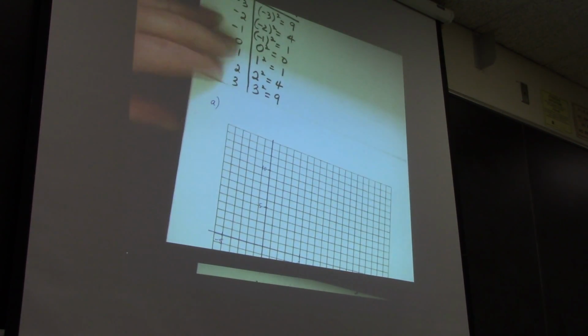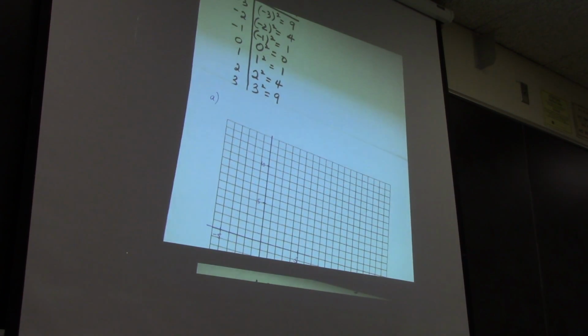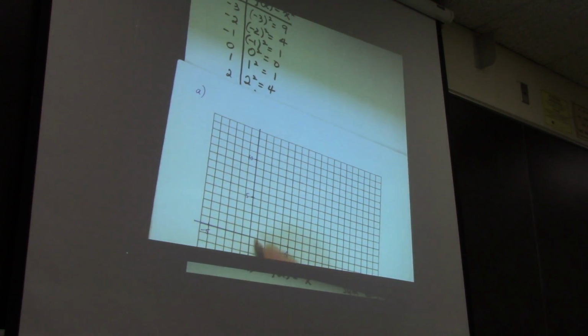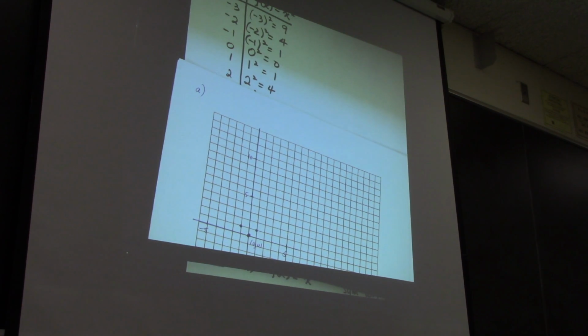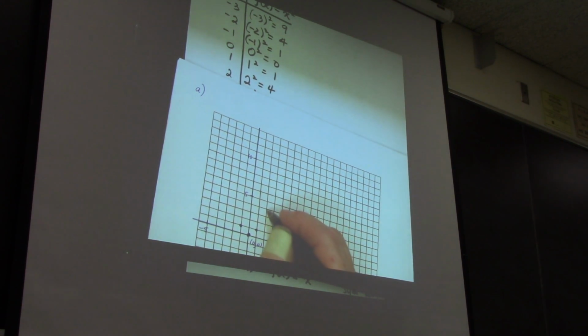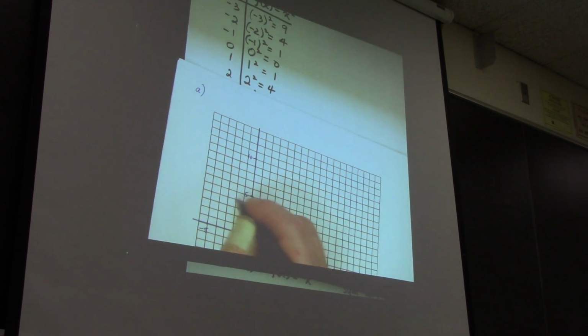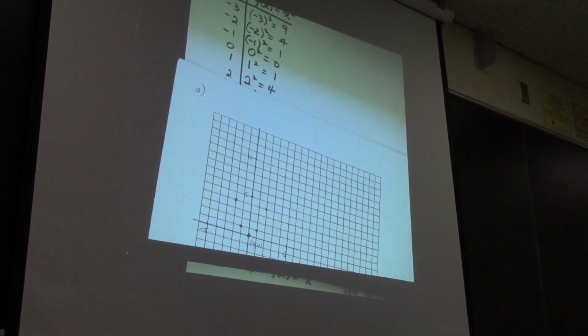Now, when I graph y equals x squared, which I will be doing a million times, or similar functions, I typically plot my origin, 0, 0, as my vertex, and then I have 1, 1, and negative 1, 1, again, mirror images across the y-axis. I have 2, 4, and then negative 2, 4.